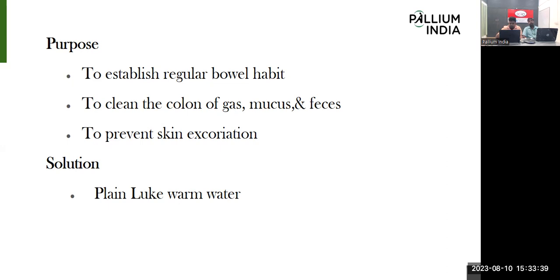So in a sigmoid colostomy, colostomy irrigation will be helpful and will not cause any fluid loss, mineral loss, or electrolyte imbalance for the person.